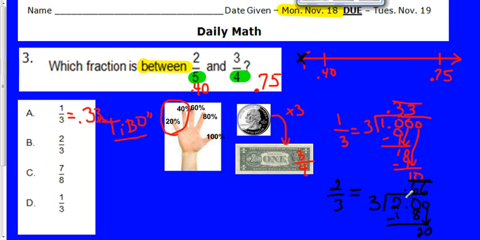And that's what I got when I actually divided it out. 3 went into 20 6 times, which is 18. I get 2 left over, add a 0, and it's going to keep going. Well, if this is 40, 50, 60, and then 75, so that does come in between. So 0.66 would come in between 40 and 75.